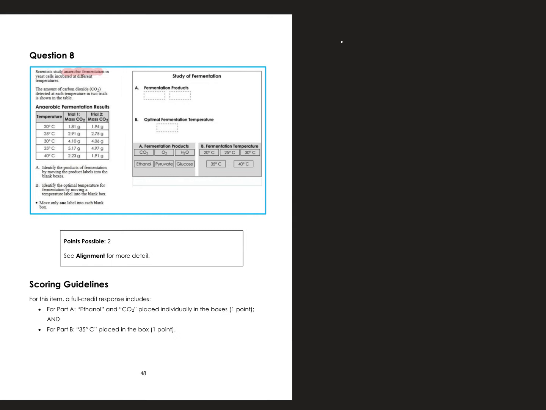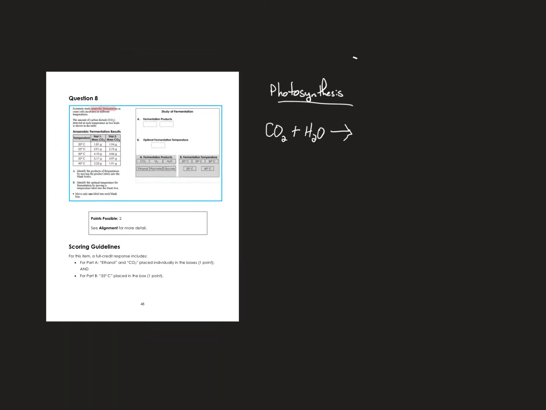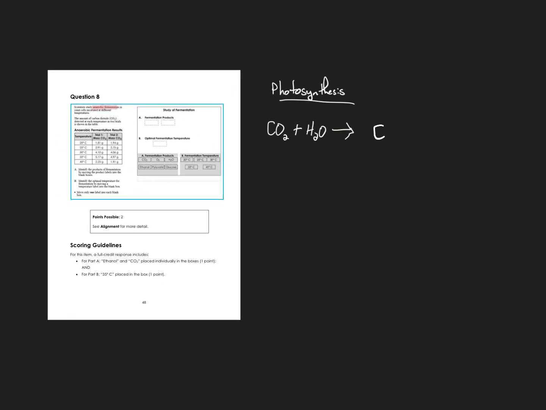We talked about photosynthesis, and photosynthesis is when we take CO2 and you add it with water, and what you produce is C6H12O6, or sugar, glucose specifically, plus oxygen gas.